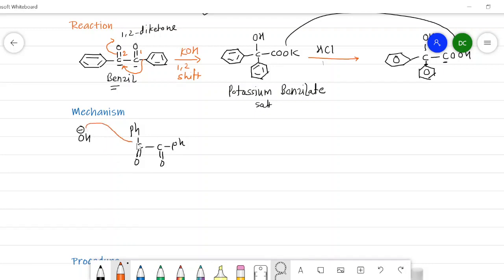This OH minus will attack on this carbon and there is a conversion of the double bond oxygen into a single bond oxygen which possesses a negative charge. The OH minus ion came from the base, that is KOH. This is the first step, and here we are getting this type of anion which has an O minus, then a Ph, then C double bond O and a second Ph group, that is benzene.